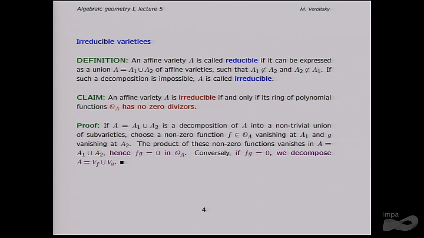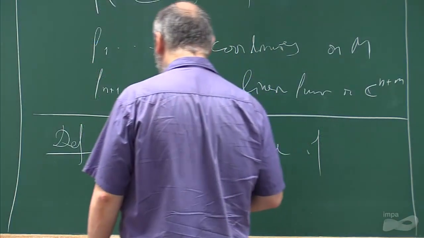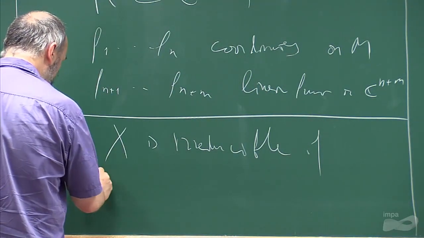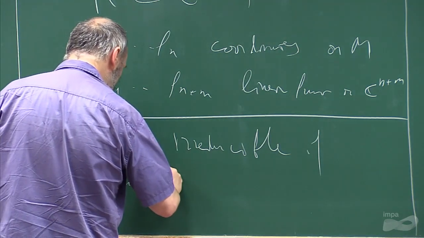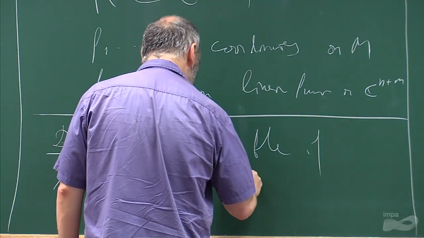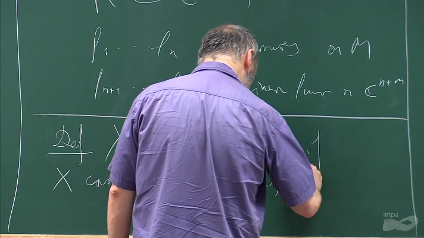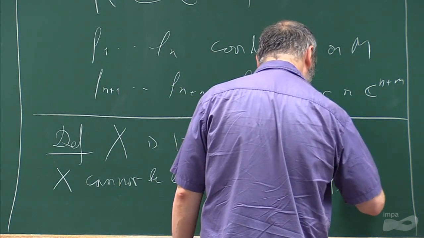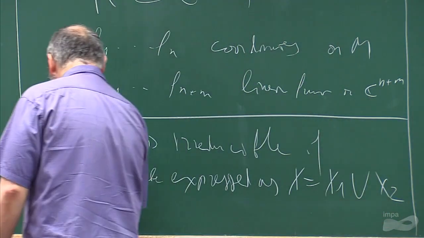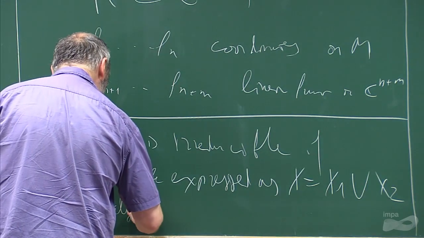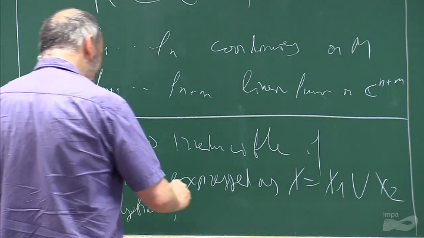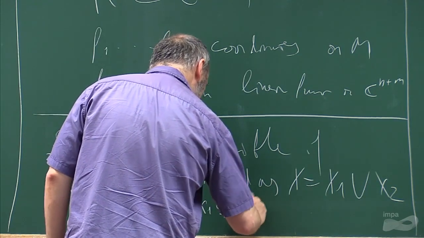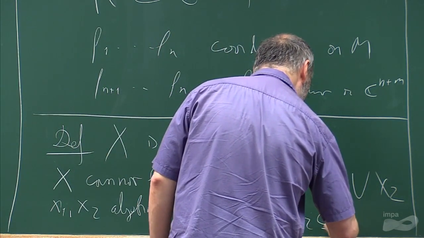So, definition: X is an irreducible algebraic variety if X cannot be expressed as a union X equals X1 union X2 with X1, X2 algebraic, and X1 not inside X2, X2 not inside X1.